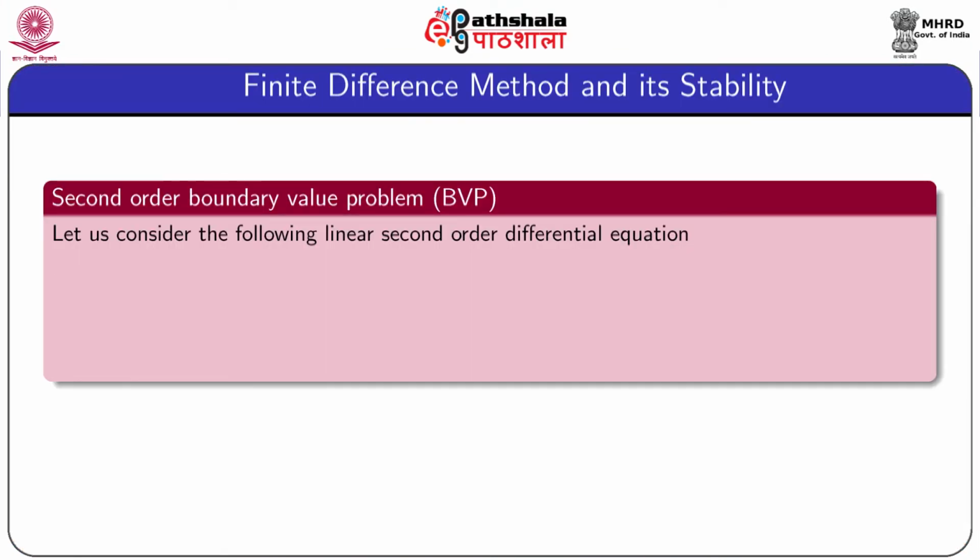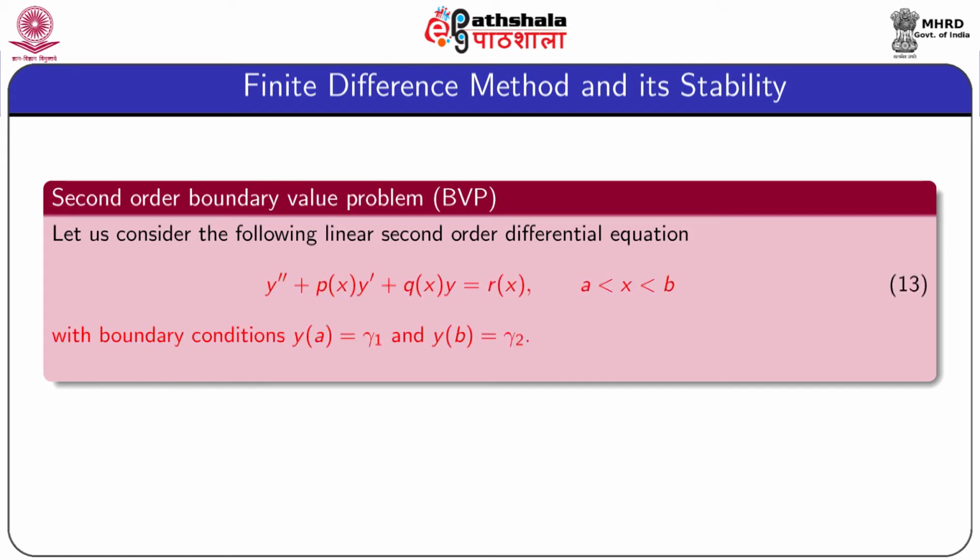Let us consider the following linear second order boundary value problem. Second derivative of y plus p of x into first derivative of y plus q of x into y equal to r of x, and the equation is defined within the interval [a, b], and the boundary conditions are y at a equal to gamma 1 and y at b equal to gamma 2, where gamma 1 and gamma 2 are two values.